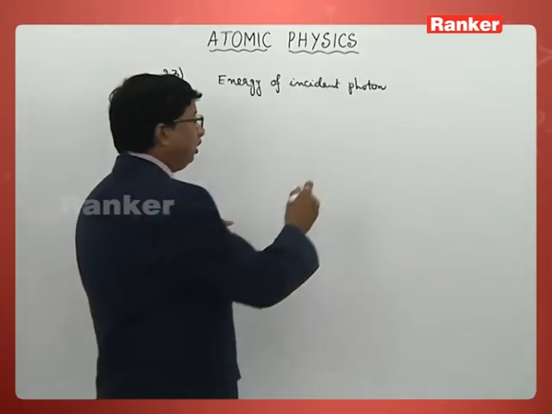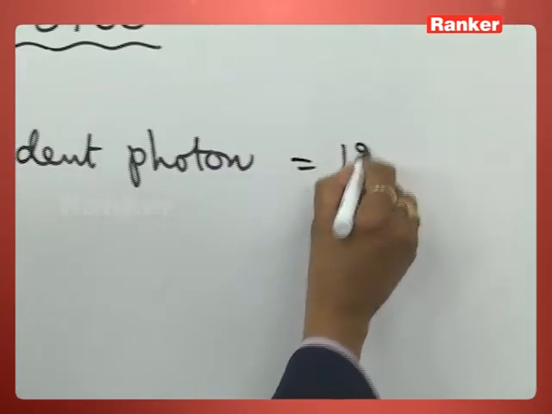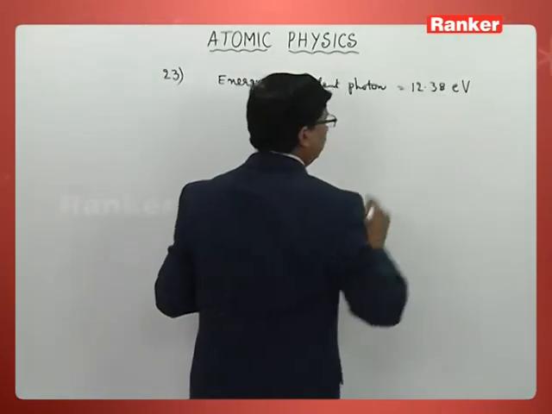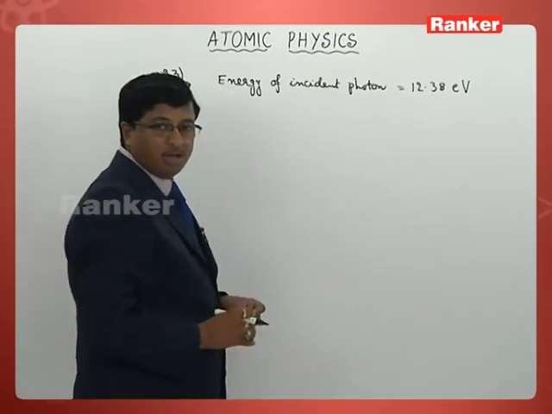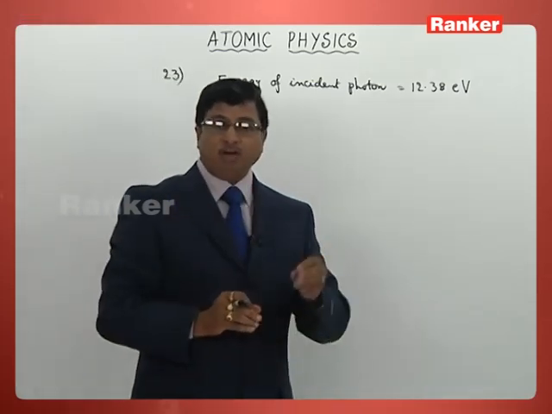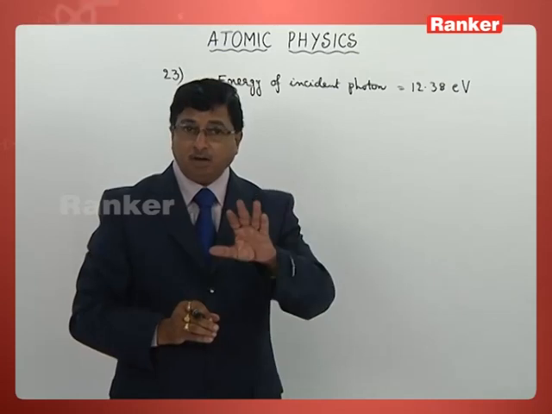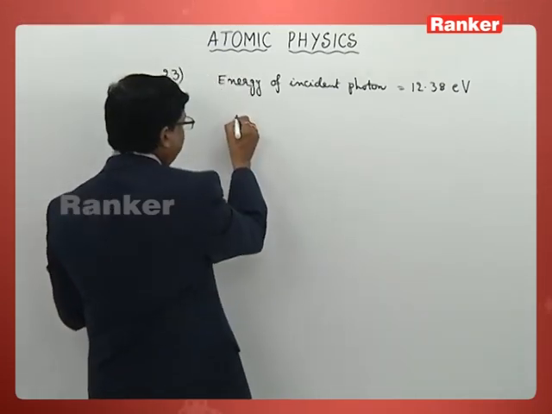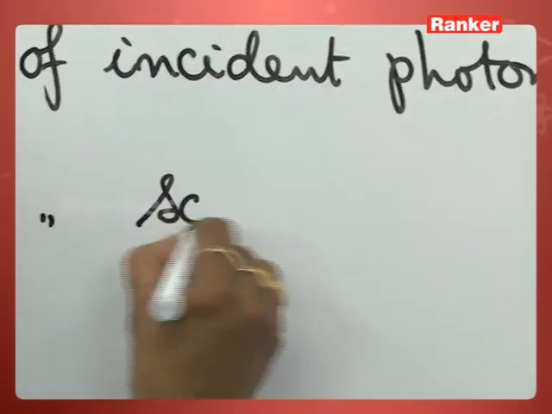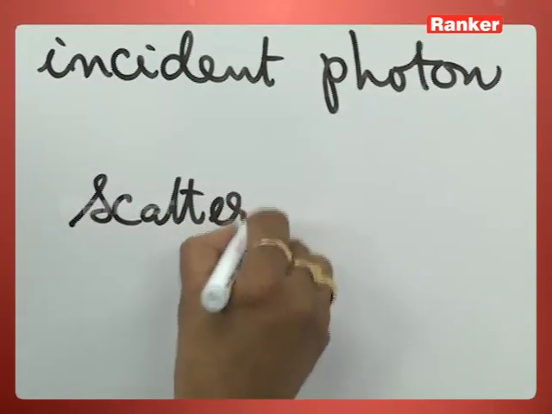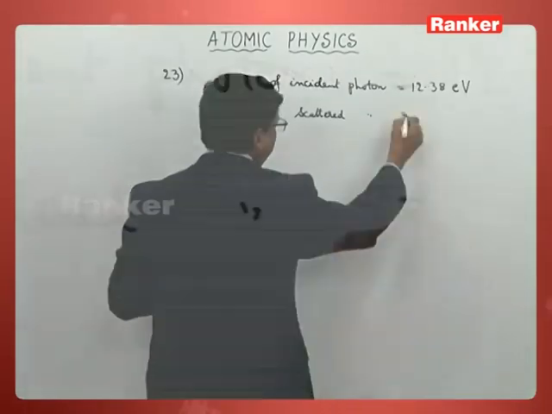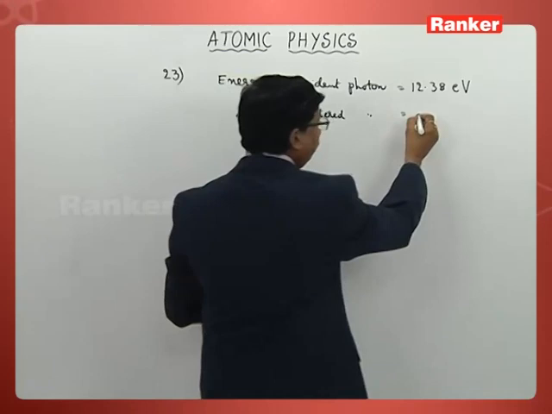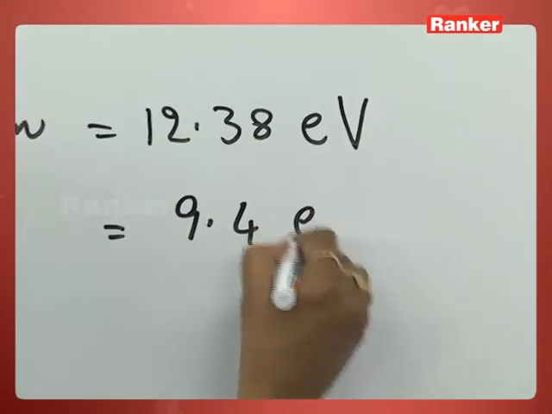But okay, the incident photon he has given as 12.38 electron volt. And what else is he giving? While the energy of the scattered photon is 9.4 electron volt. So you can understand, the energy of the scattered photon is now given as around 9.4 electron volt.